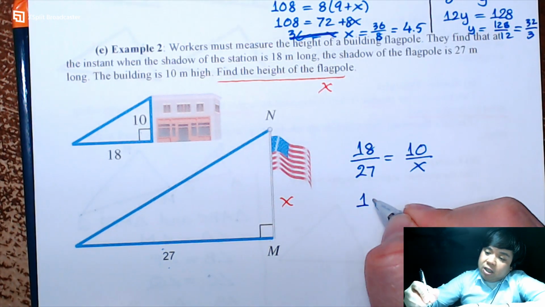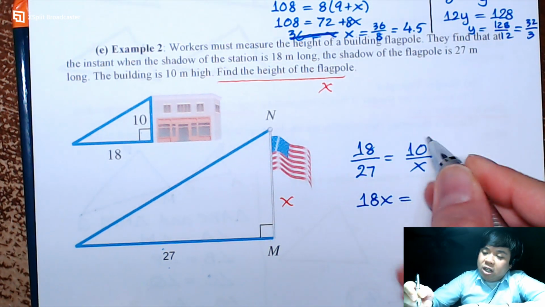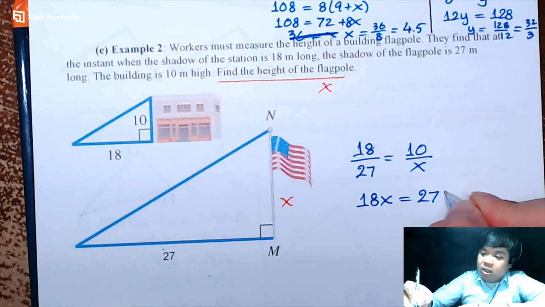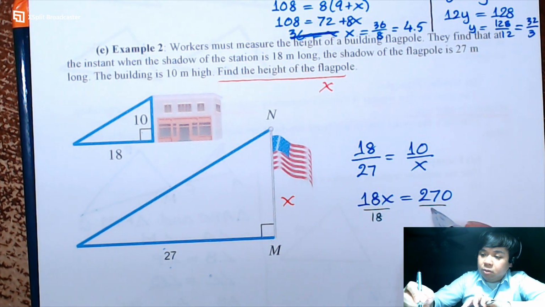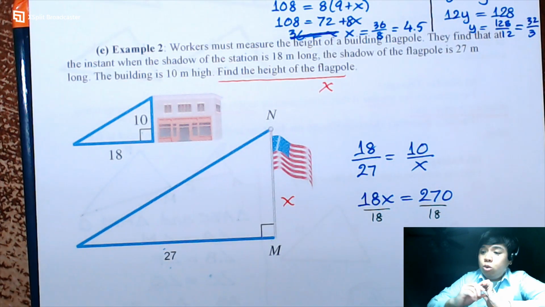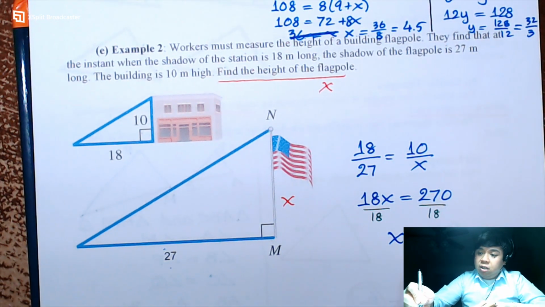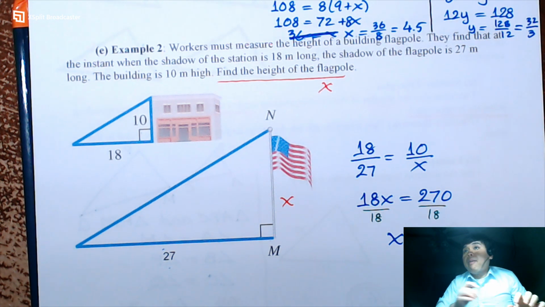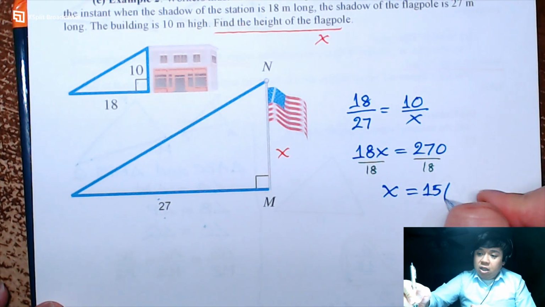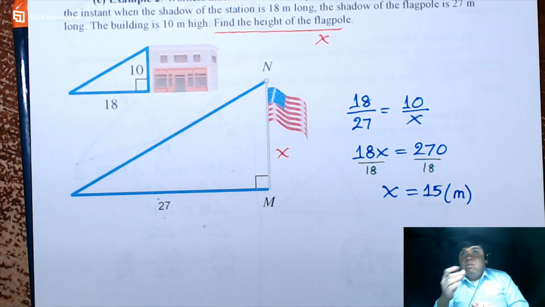So I have 18x equal to 10 times 27, which is 270, and divide by 18 on both sides. It should be 15, I think. Just make sure. It is 15. So 15 meters is the height of the flagpole.